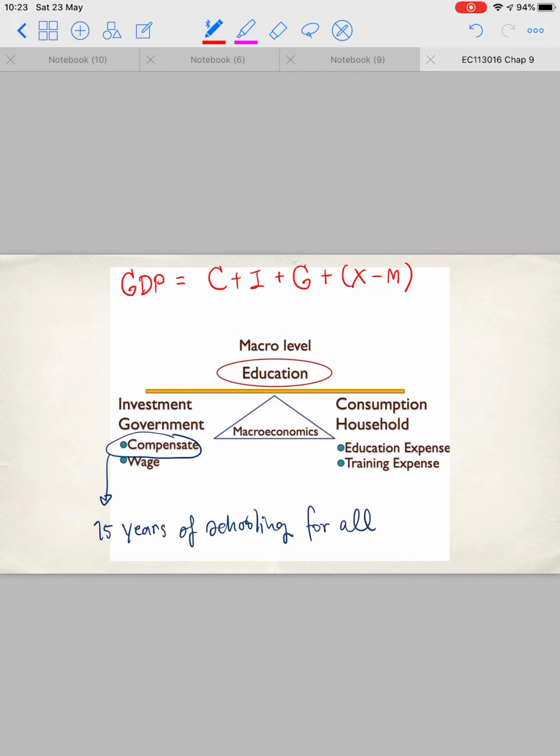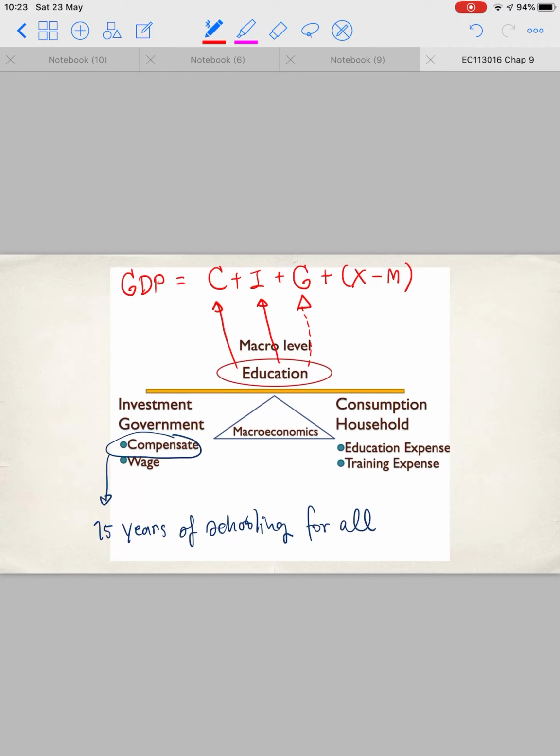C plus I plus G plus parenthesis X minus M. So education is related to consumption and investment and government expenditure as well.